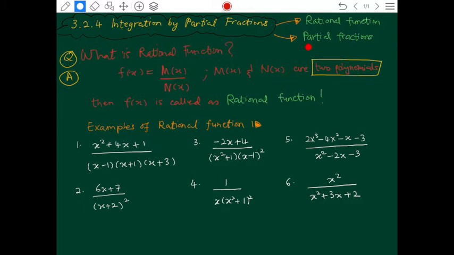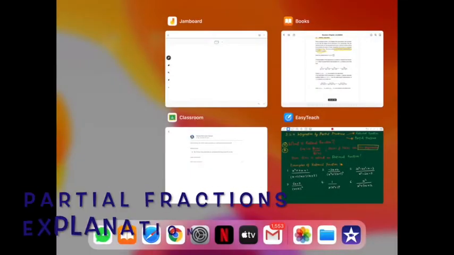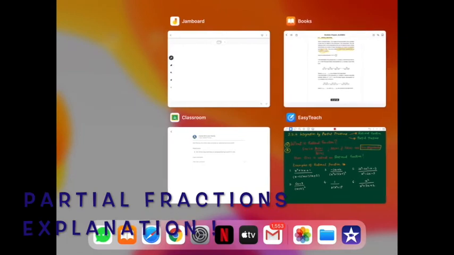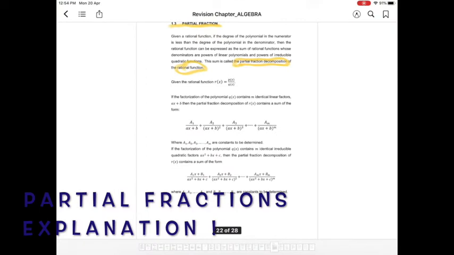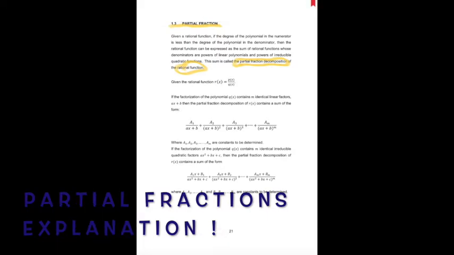You can get the details on how to do partial fractions. Anyway, I will give you a quick lesson on how to do partial fractions after this. You can go to the revision chapter here, the bonus chapter on algebra, and turn to page 22. So we're going to look into what is partial fraction.